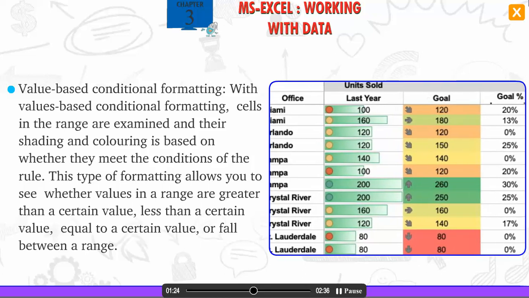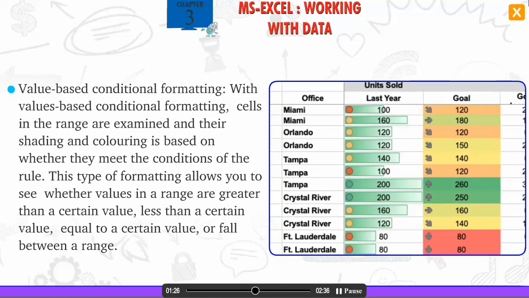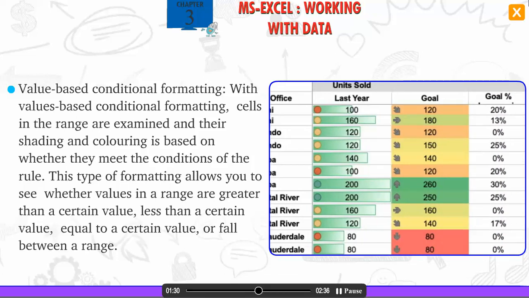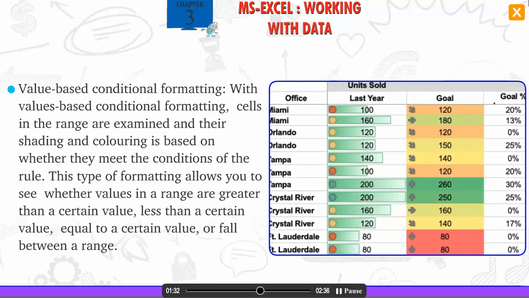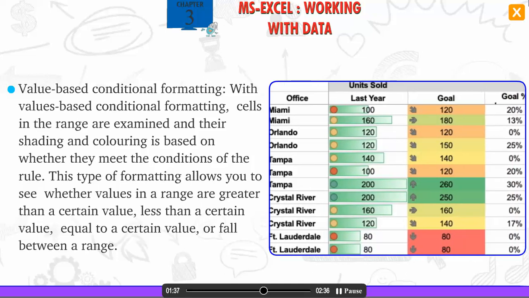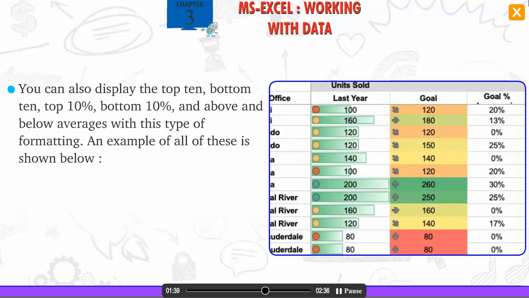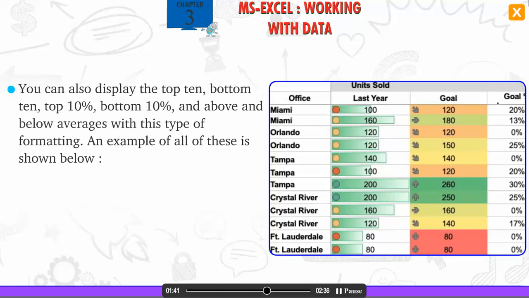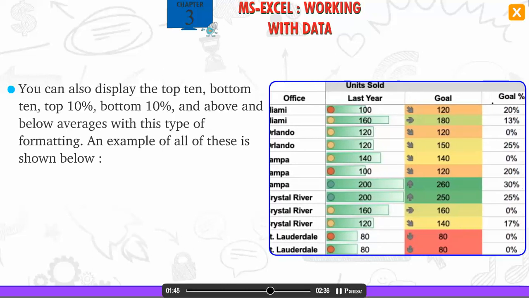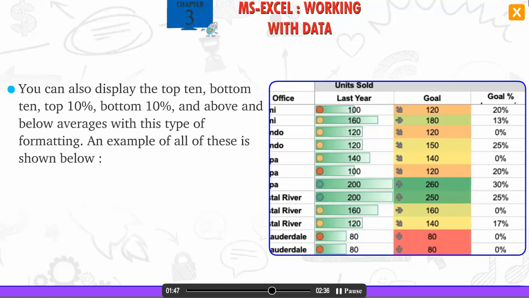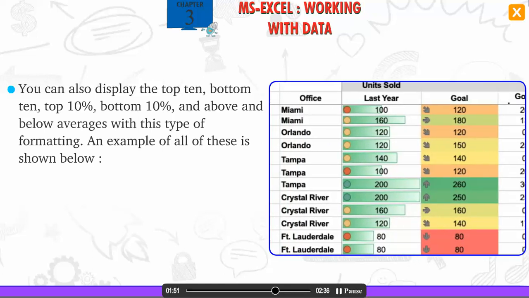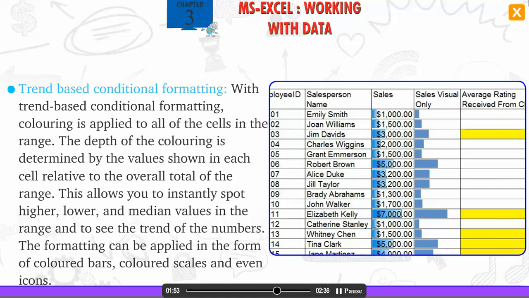This type of formatting allows you to see whether values in a range are greater than a certain value, less than a certain value, equal to a certain value, or fall between a range. You can also display the top 10, bottom 10, top 10%, bottom 10%, and above and below averages with this type of formatting. An example of all of these is shown below.